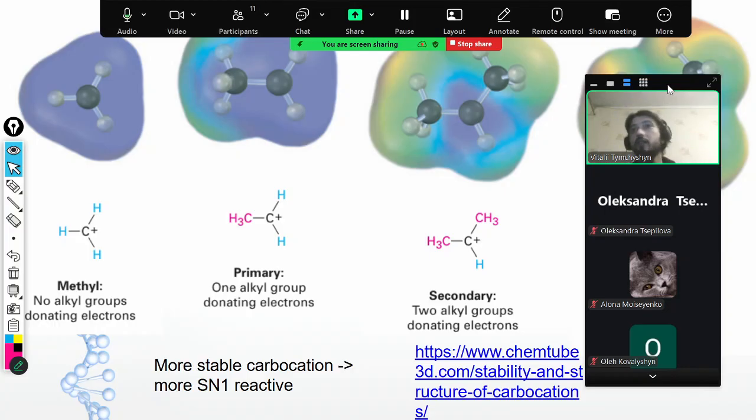We had the same reasoning for acids and bases. It's some sort of common sense: you can happily give something away if you are stable without it. The same thing was with acids.